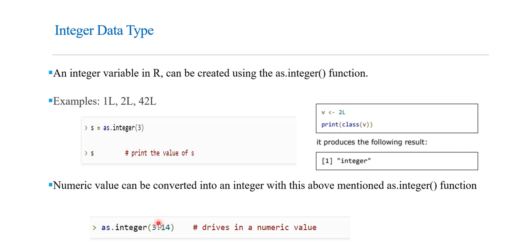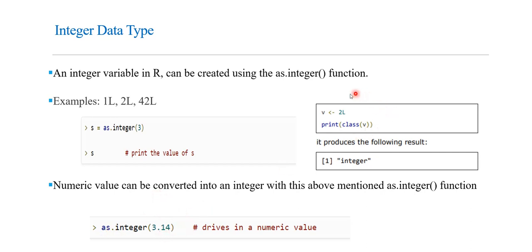Numeric or decimal, or you can say double. Now this can be converted to integer data type. You have to make use of this function as dot integer of. So when I pass 3.14 to this function, the output will be nothing but an integer.